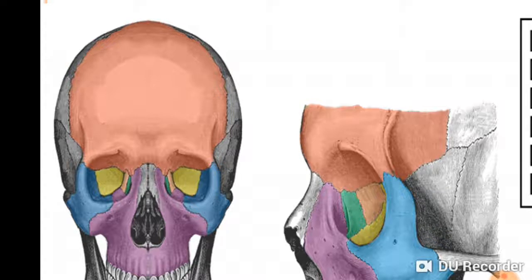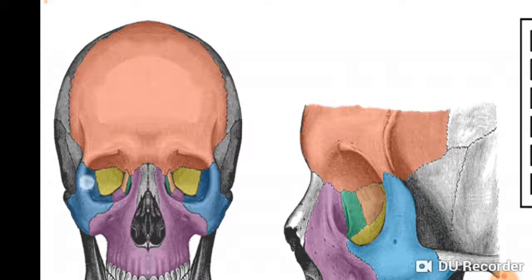So the margin of the bony orbit is formed by the frontal bone, on the lateral side by the zygomatic bone, and on the lower side and the medial side mainly by the maxillary bone. Now the orbit is a pyramidal cavity, so it has a roof, a medial side, a floor, and a lateral side.